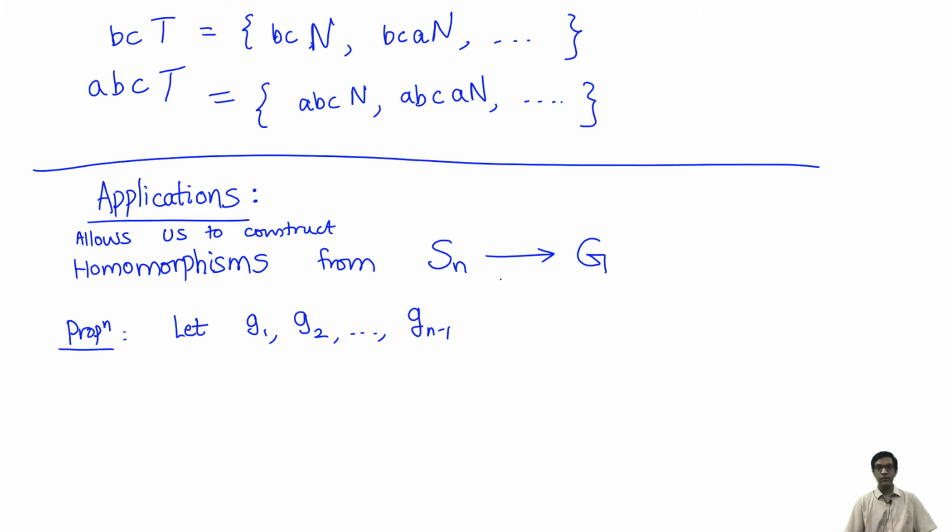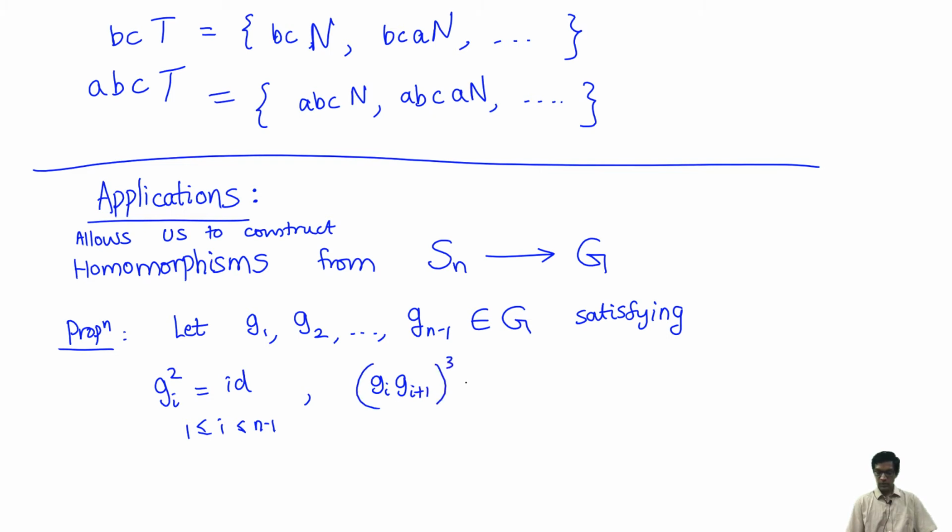You need to find n-1 elements in your group G which obey the same relations as the generators of Sn. So let g1, g2, ..., g(n-1) be elements of G satisfying the following properties: that gi squared is the identity for all i between 1 and n-1, where this is the identity of the group G. Then (gi g(i+1)) cubed is the identity in the group G, for all i between 1 and n-2.